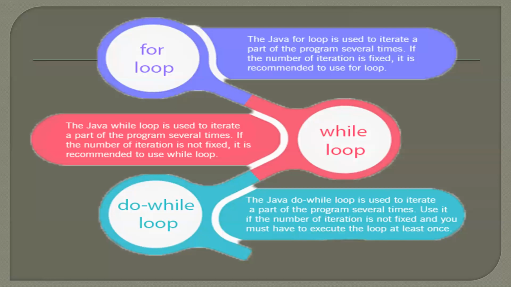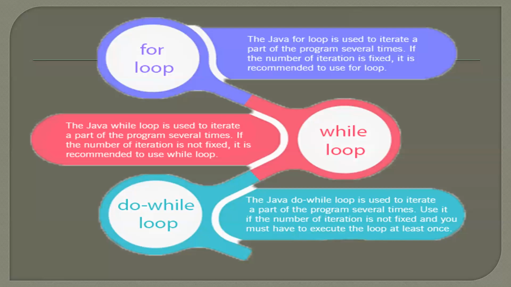During that point of time, I can use do while loop. When we use do while loop, that loop will be executed at least once, independent of the condition. Whether the condition is true or false, it will be executed at least once.